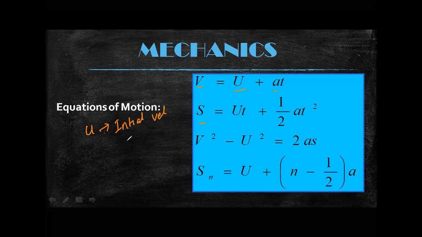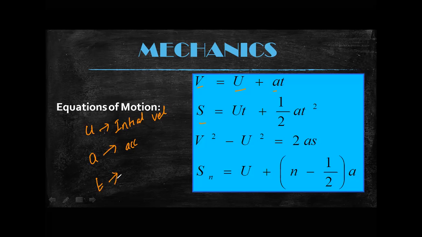Then when an object started, it definitely has acceleration. Acceleration is the rate of change of velocity. If the velocity changes with respect to time, the object has acceleration. Then whenever the object is moving, time is also involved.